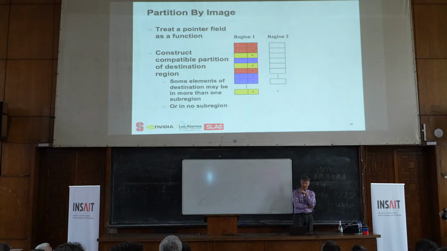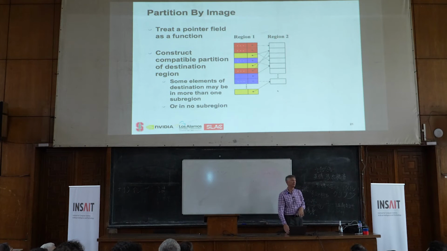So let's say we have 2 regions. Okay, and we've already partitioned region 1. And so for region 1, I'm showing by color what the partitioning is. So there's a red subset, a blue subset, and a green subset. Okay, and that's already been computed. And now this region 1 has a pointer field into region 2. So there's references from region 1 into region 2, some association between the 2 regions.